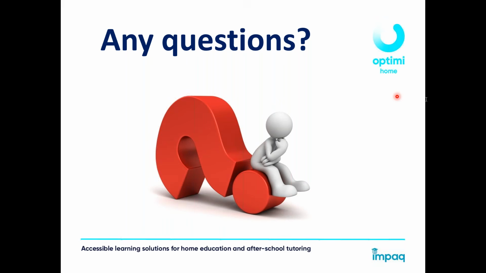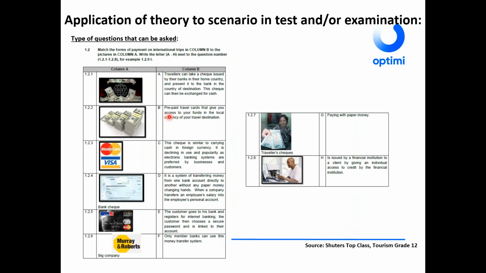I will make a note to give you the answers for the questions in the presentation. In your own time, you can work through this match column A, column B, and I'll make sure that you get the answers.